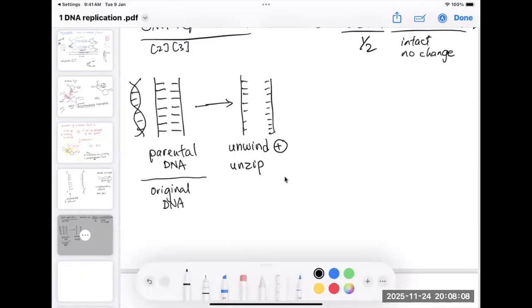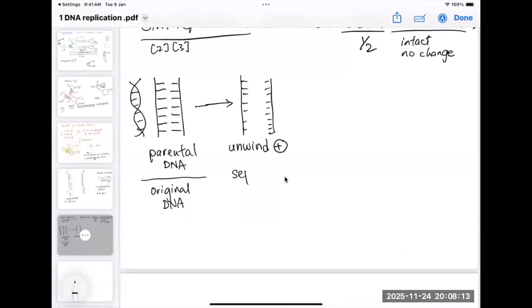If you don't want to use unzip, you can use the word separate. So the parental double helix unwinds and separates the two strands. Initially they're together, so now you separate the two strands.